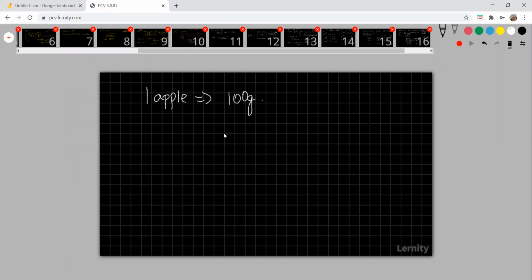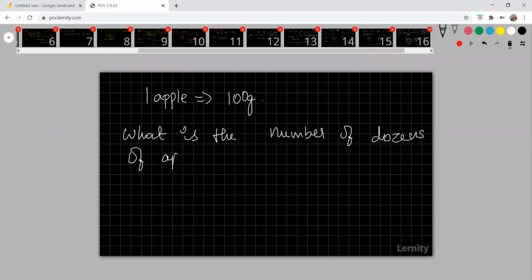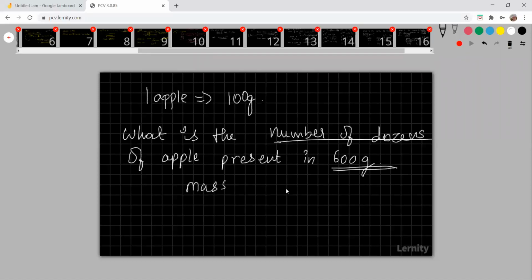Now I'm asking you, what is the number of dozens of apples present in 600 grams? This is what I'm asking you. So they are comparing the number of dozens and mass.